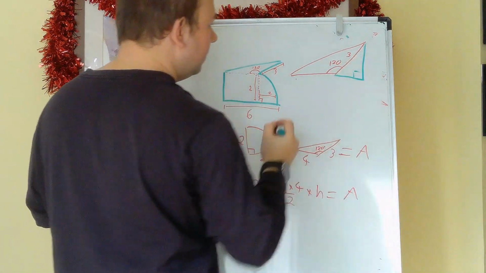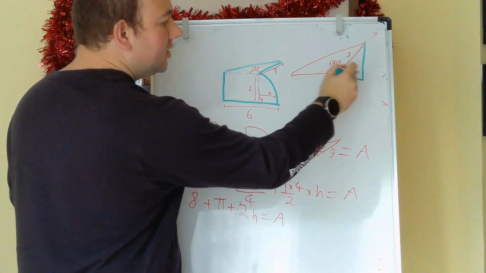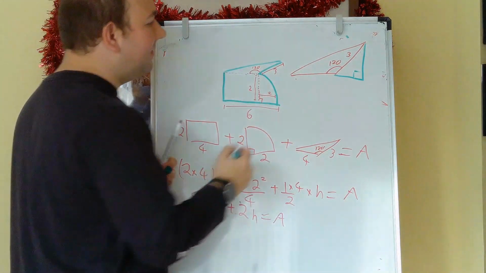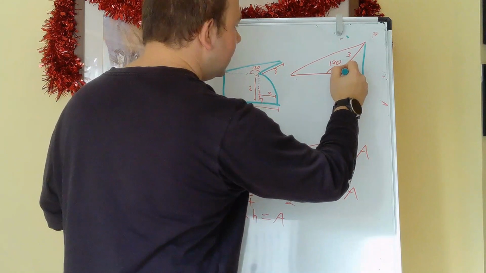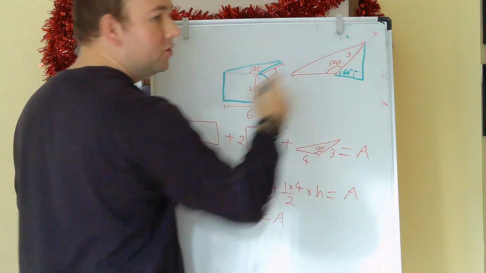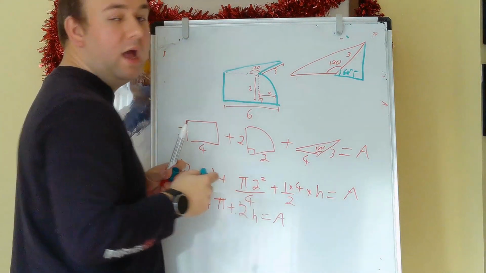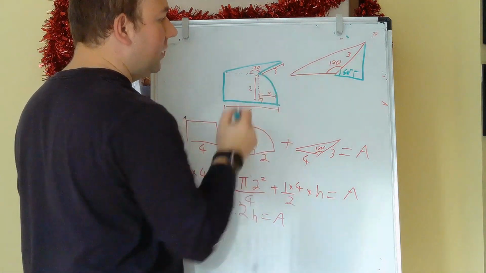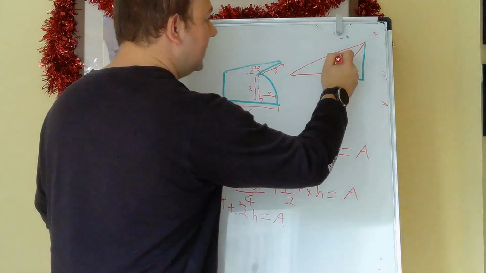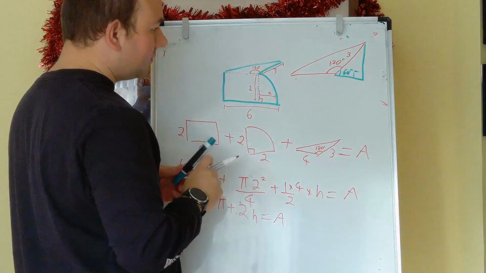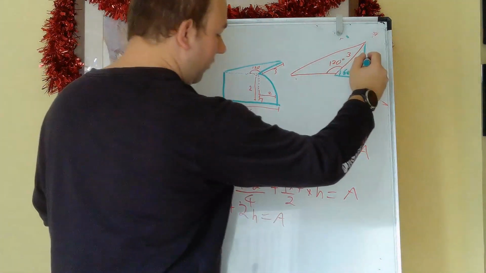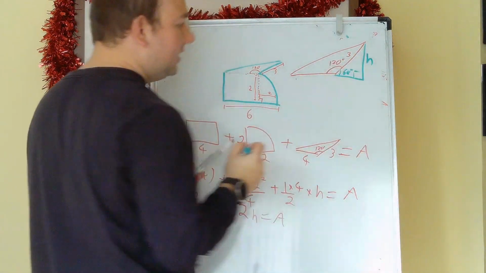So there's my right angle. And because this is a straight line, it's meant to be a straight line, this is going to be 60 degrees, because the angles on a straight line have to add up to 180, and I've already got the 120 here, so this is 60. And I'm going to look for the h, which is over here.